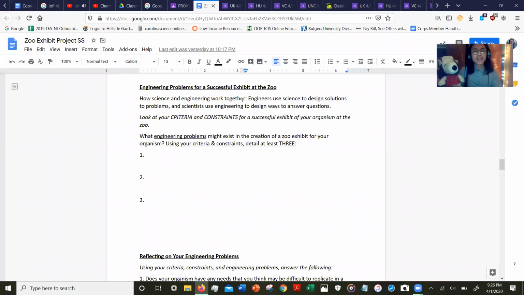So let me give you an example so that we can see what an engineering challenge looks like in real life using the Chihuahua as our organism.